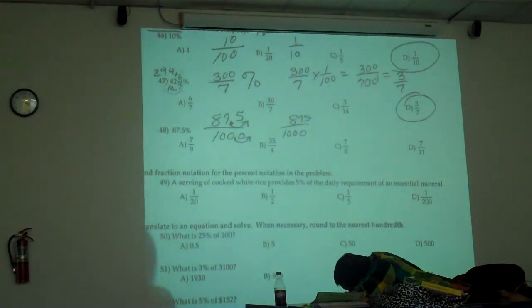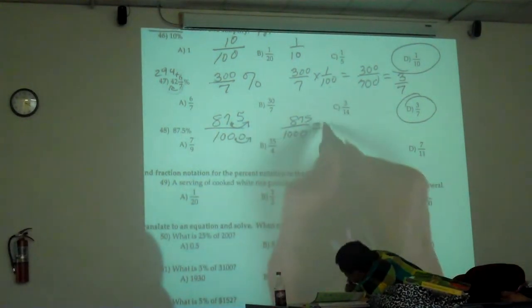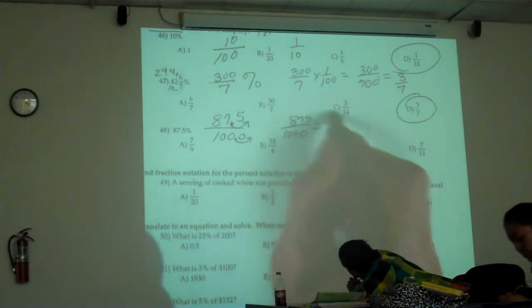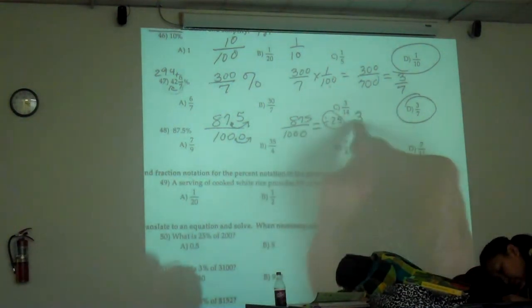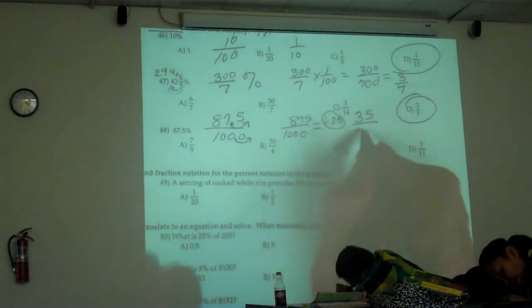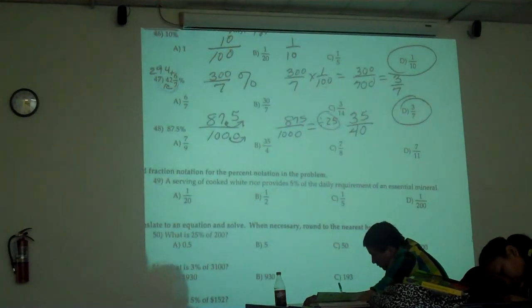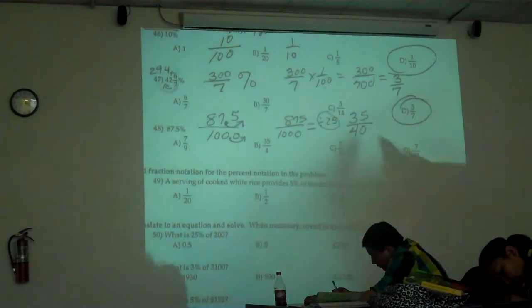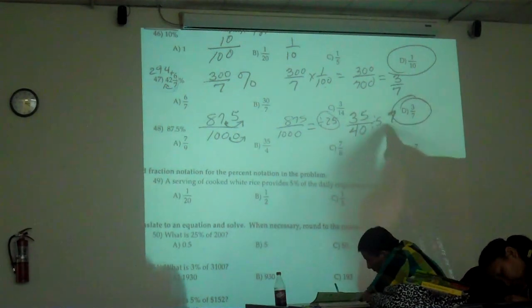Divide by 25 for sure. What do you get when you divide by 25 on the top and bottom? 35 on top, and on bottom? 40. And what can we divide those by? Divide by 5, we get 7 over 8.